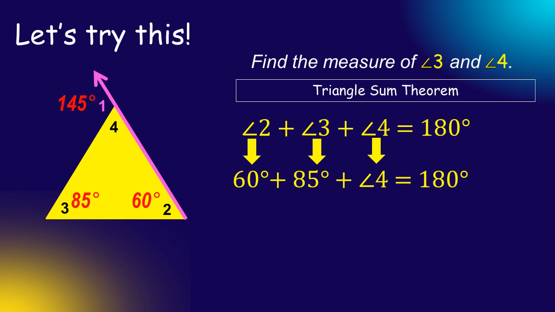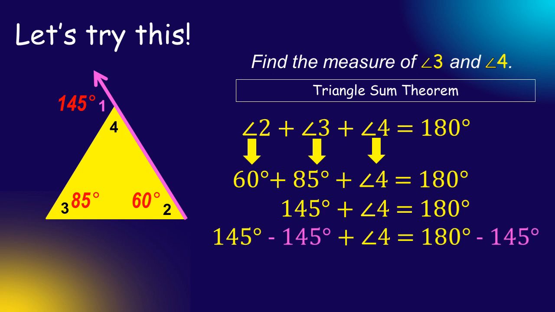Equals 180 degrees. Let's combine the like terms here. We can combine 60 degrees and 85 degrees. 60 degrees plus 85 degrees is 145 degrees plus angle 4 is equal to 180 degrees. This time, we will use APE to eliminate 145 degrees in the left side of the equation.